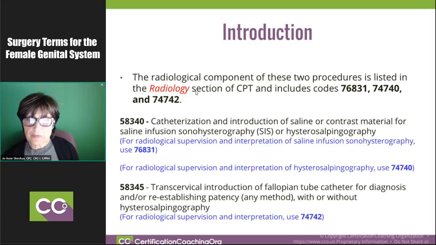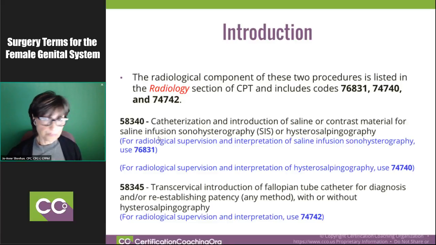For radiological supervision and interpretation of the hysterosalpingography, use 74740. For 58345, the transcervical introduction of the fallopian tube catheter, the guidelines say for radiological supervision and interpretation, use 74742.